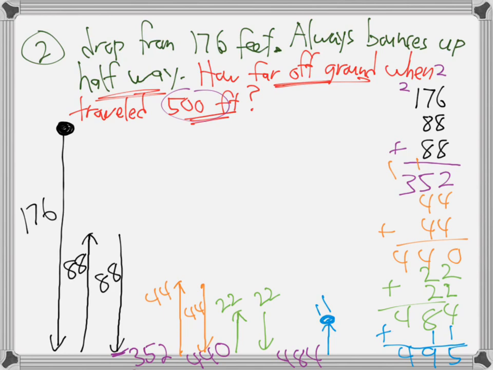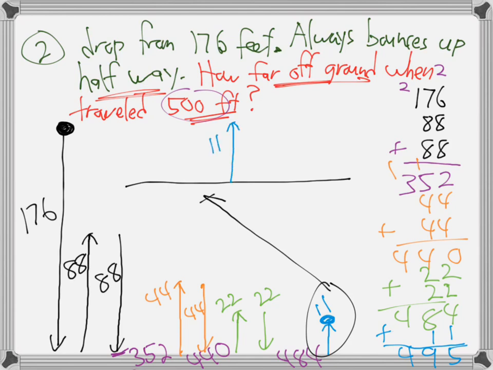And so what will it do then? Let me do like a blow up of this. So bring it here. Here's the ground. The ball has gone up 11 feet. It's right there. And then it starts coming down. At that moment, when it's right at the top, it has traveled 495 feet. And it's going to start dropping.